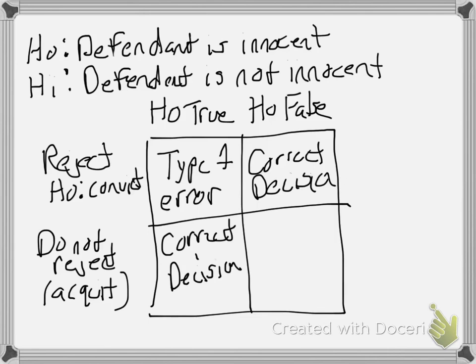Now, what about if H0 is false and we acquitted them? The defendant is not innocent, but we acquitted them. That is a type 2 error, because we set a guilty person free.